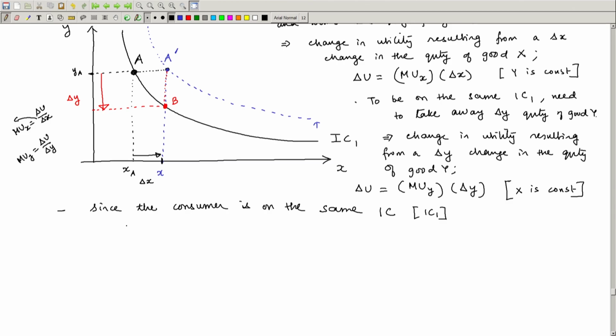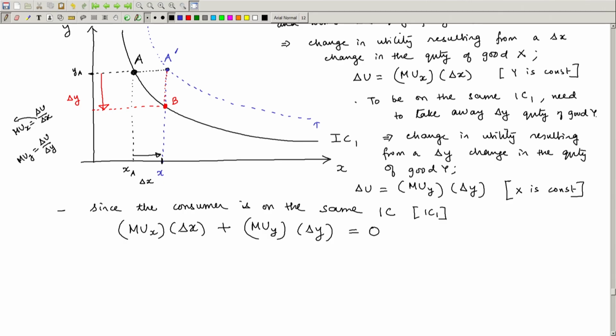Alternatively, I can write it as the sum of the changes in utility. This was the change due to giving him delta x more, keeping y constant. The second component was a change in utility resulting from a change in y, keeping x constant. So, the sum of these changes must add up to 0, right.